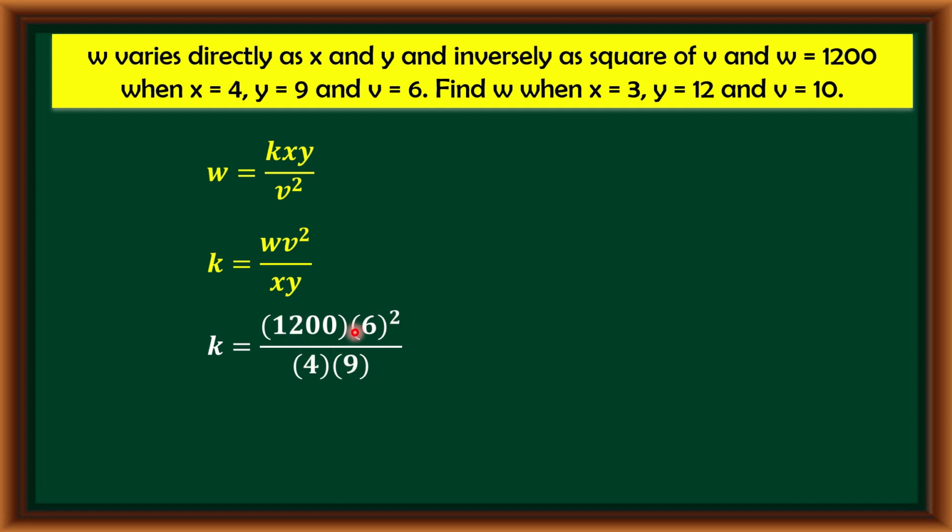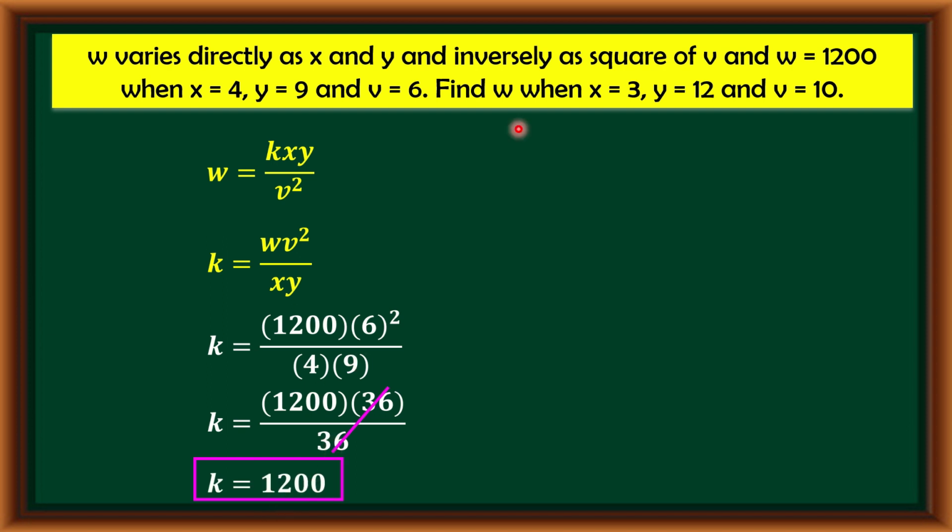So let us simplify this one. The answer will be k is equal to 1,200 times 36 over 36. So if you notice, we have here a factor of 36 in our numerator and 36 in our denominator. So we can cancel that out since it is equal to 1. Therefore, our k is equal to 1,200.